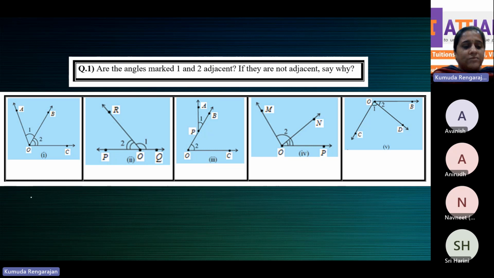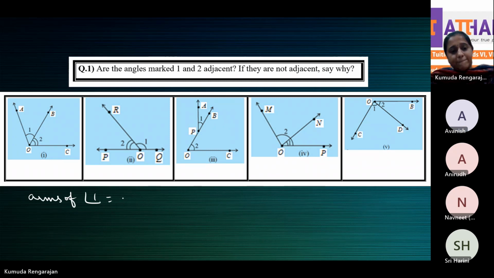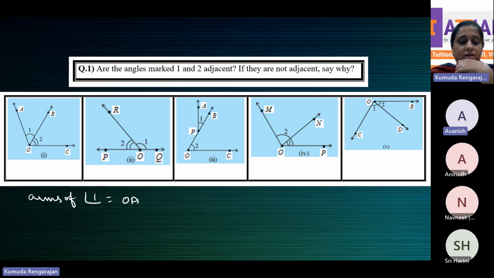Now let's talk about the arms. Which are the arms of angle 1? Ray OA and ray OB.